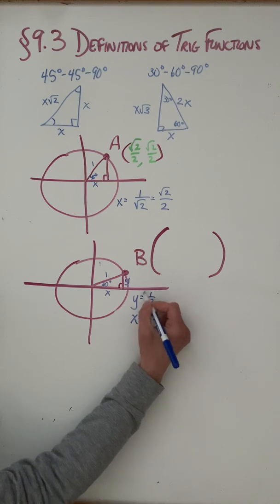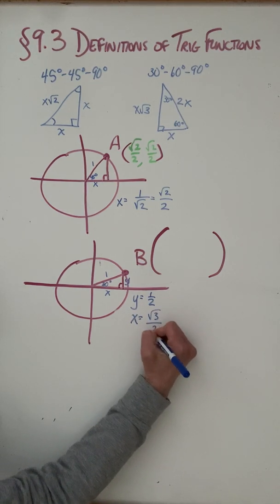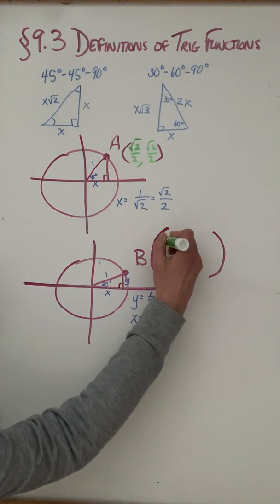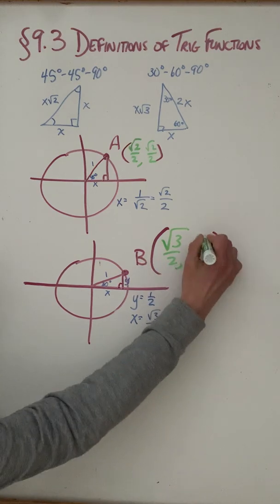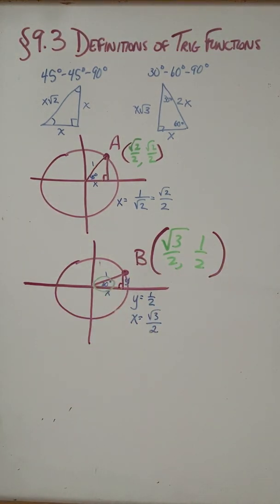So my long leg is 1/2 times root 3, which becomes root 3 over 2. So my ordered pair is root 3 over 2, 1/2, and that's when my reference angle is 30 degrees. Here, my ordered pair was when my angle was 45 degrees.